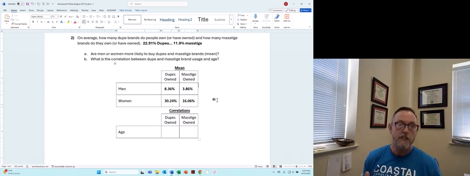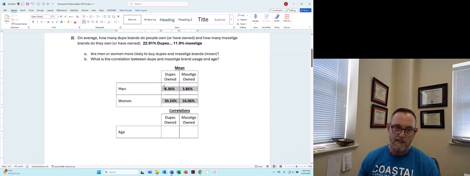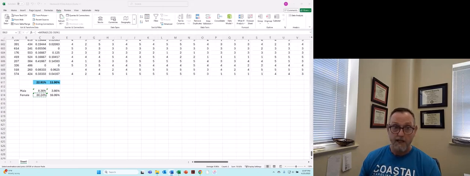That could be an explanation too. There could be lots of reasons why this is the way it is. And it could be just a genuine gender effect. Maybe women own more brands than men, and that could be a function of things as well, right? So that could be something we look at.